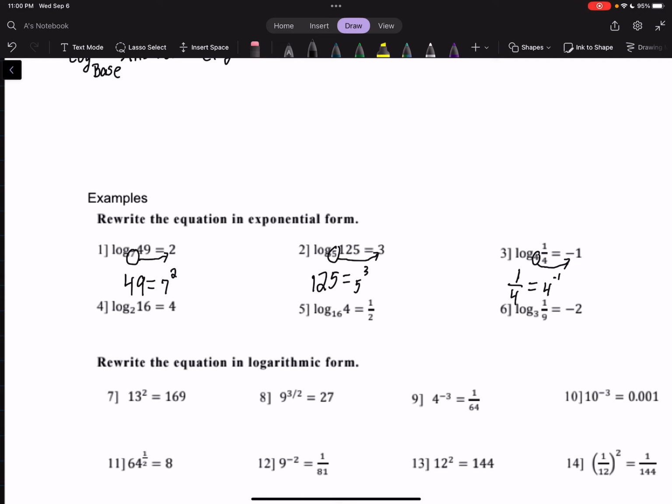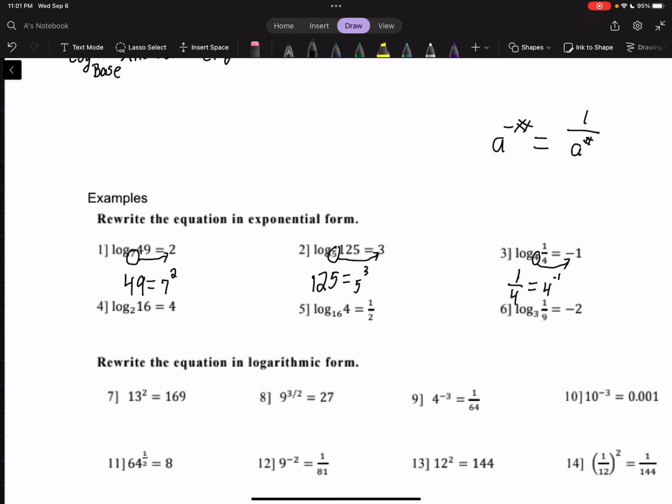I want to remind you, real quick, anytime you have a negative exponent, so if we have a variable, a, to a negative number, this is equal to 1 over a to the number.